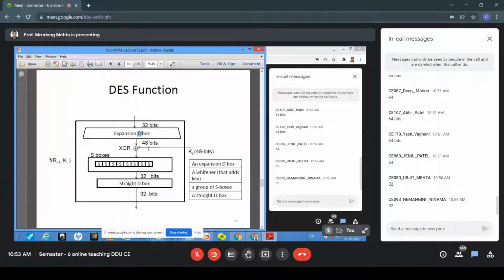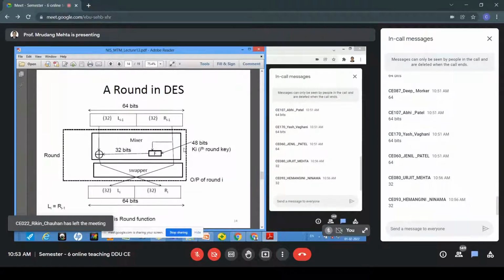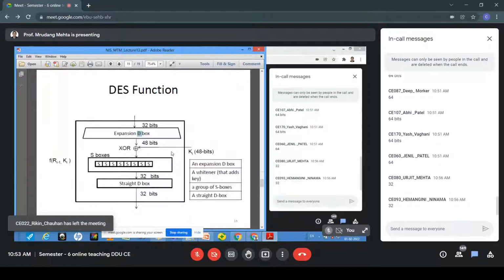Okay. So what is happening here is that first we have to perform XOR with the key Ki, 48-bit, and then we have to do expansion permutation, the expansion P box. After XOR, we give it to the S boxes. What is this S box?